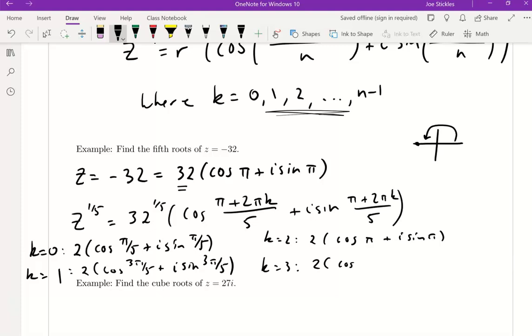The next one will be 7 pi over 5, and the last one will be 9 pi over 5.